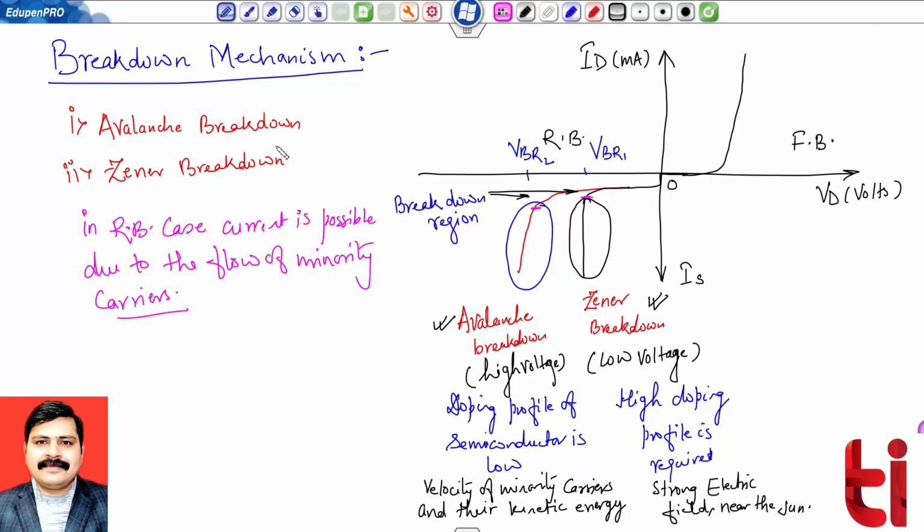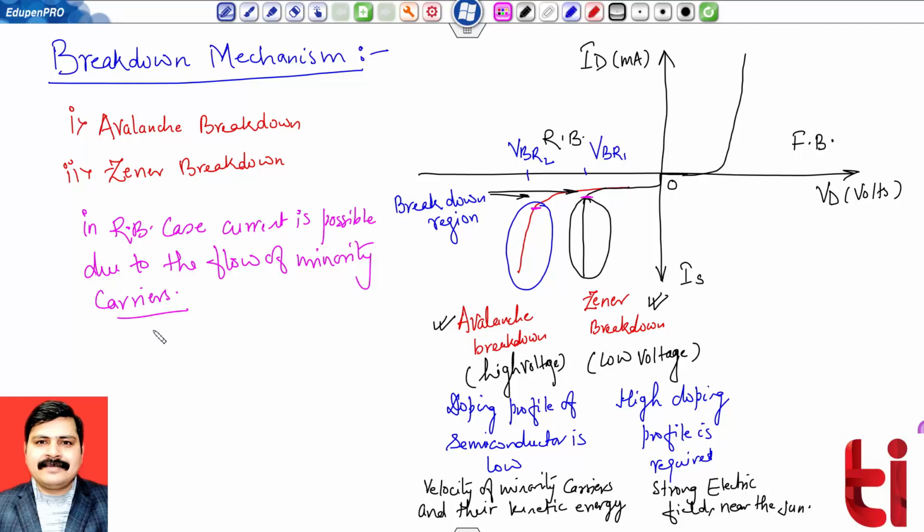So how does avalanche breakdown occur? The first requirement is that the doping profile of the semiconductor should be low, and it appears at high voltage. The minority charge carriers have some velocity, and because of their kinetic energy, they strike the atomic structure. The valence electrons of the atomic structure gain this kinetic energy and leave the structure, participating in carrier generation.